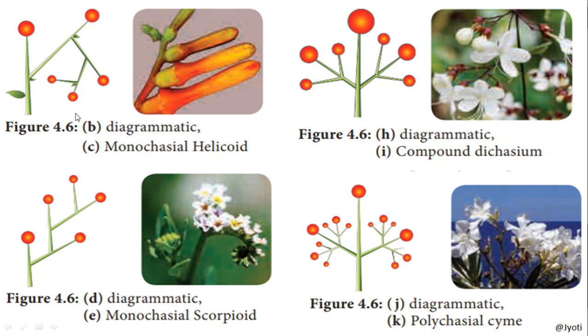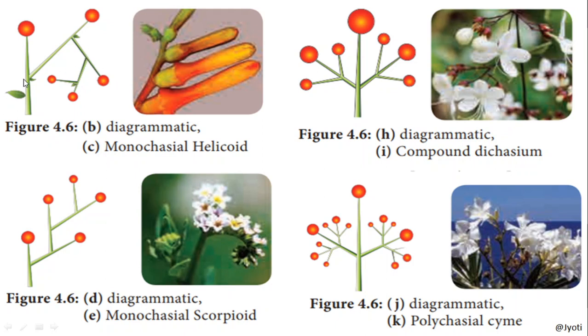Again, these monochasial or uniparous cymes are of two types. Here in this picture you can see that the arrangement of flowers is quite different in both cases. The first one is monochasial helicoid, that is uniparous helicoid. Here you can see that the peduncle is terminated with a flower, then the younger branch is again terminated with a flower, then a still younger branch is developed.